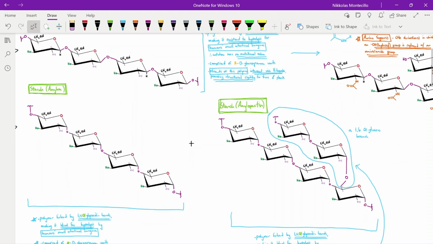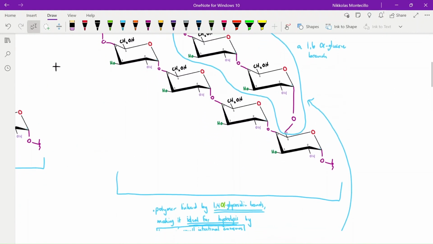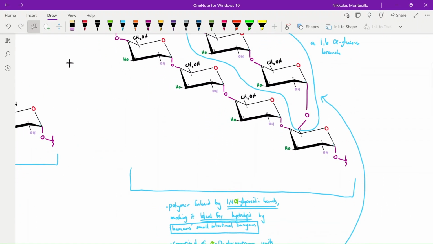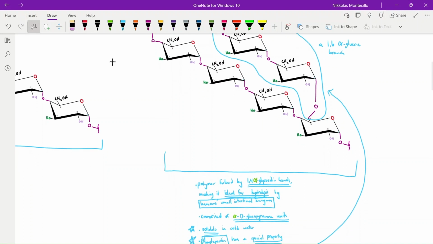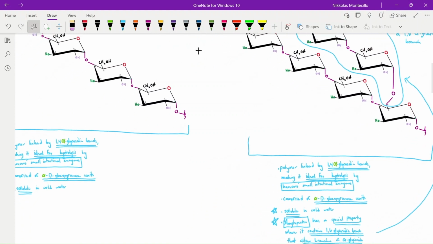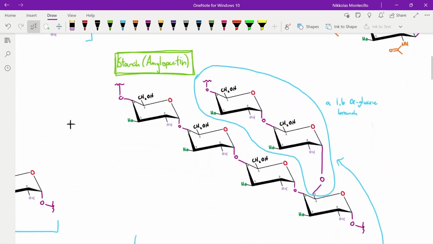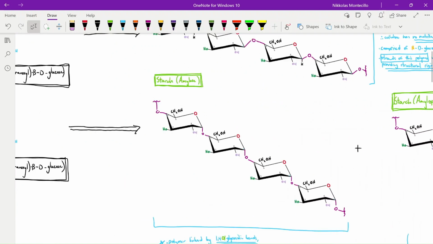On the other hand, we have amylopectin, right? It's also a polymer linked by 1,4 alpha glycosidic bonds, which also makes it ideal for hydrolysis by human small intestinal enzymes. It's comprised of alpha-D-glucopyranose units, but the difference is that amylopectin is soluble in cold water, while amylose is insoluble in cold water.